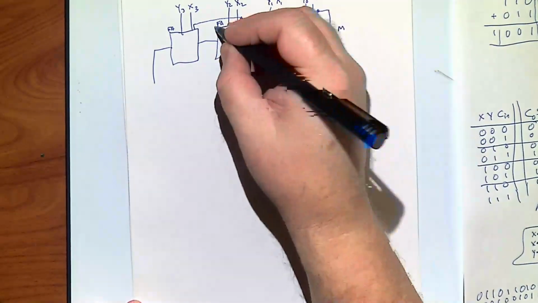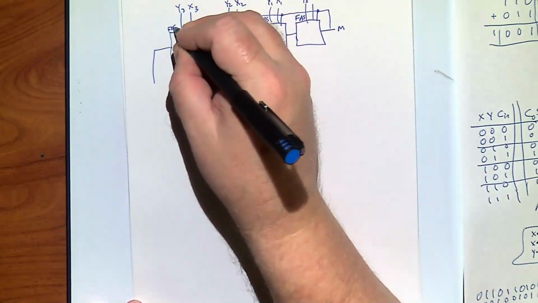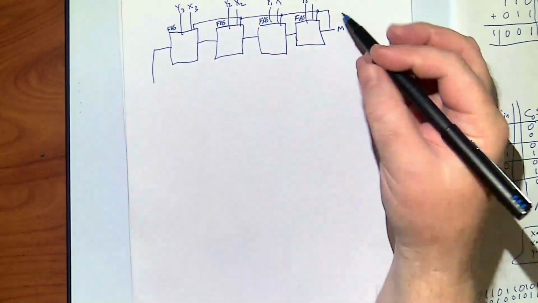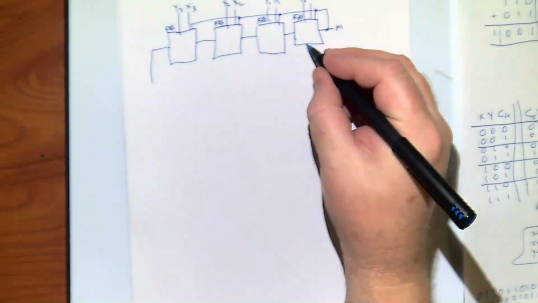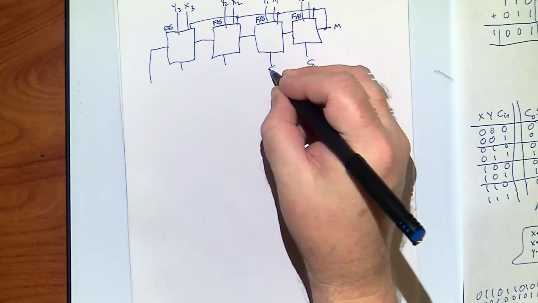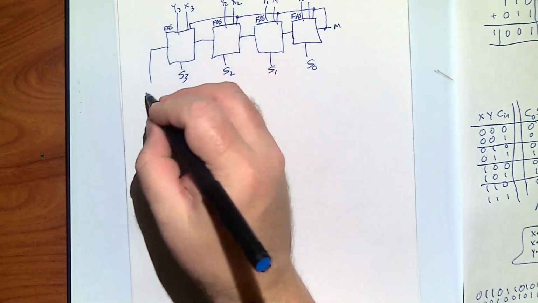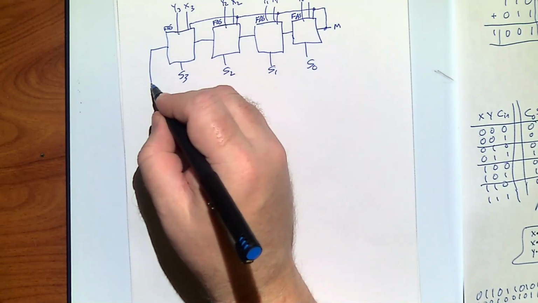So this is technically not a full adder, it's technically a full adder-subtractor, if you really want to be technical. And then what comes out is the appropriate sum bits: Sum 0, Sum 1, Sum 2, Sum 3, and this is my overall carry out.